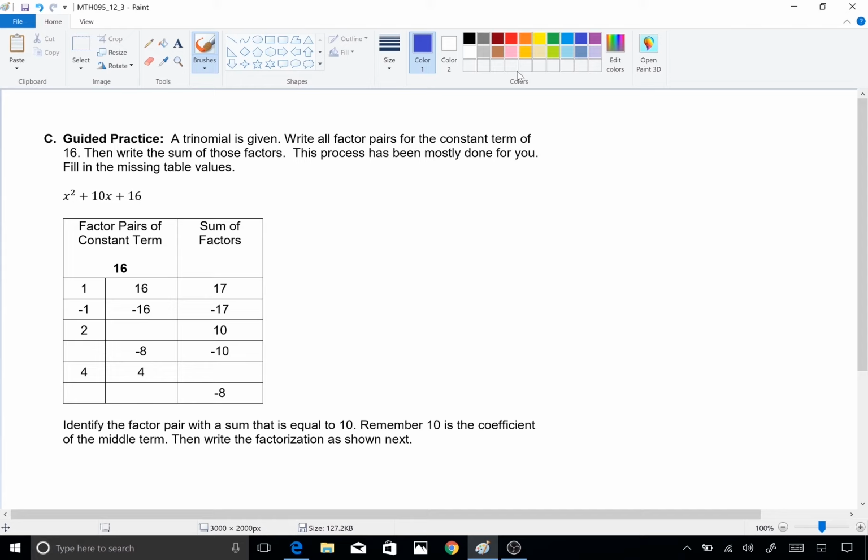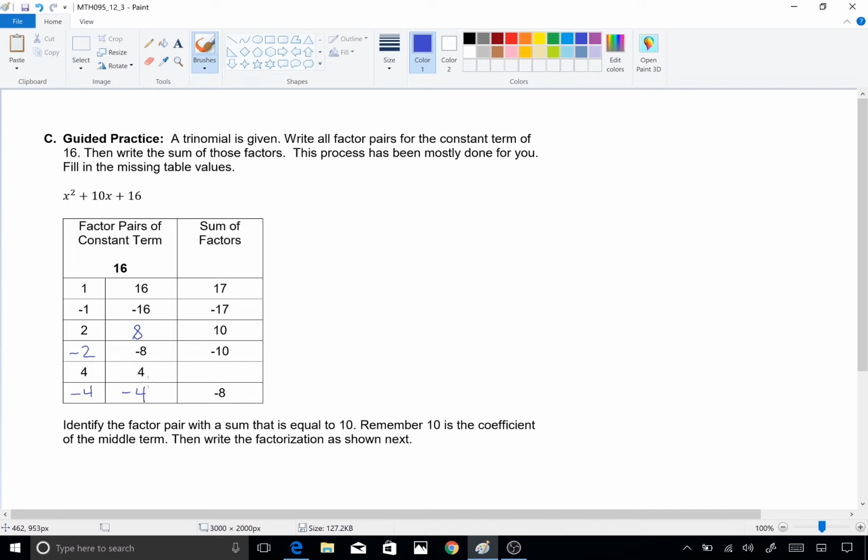In this case, our constant term is 16, and all the factors of 16 are listed here. There's also going to be 2 times 8, negative 2 times negative 8, and negative 4 times negative 4.